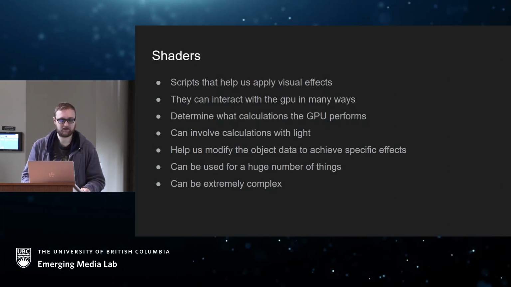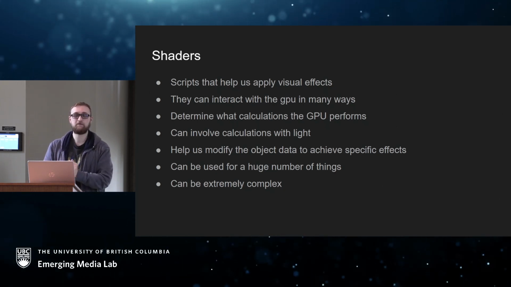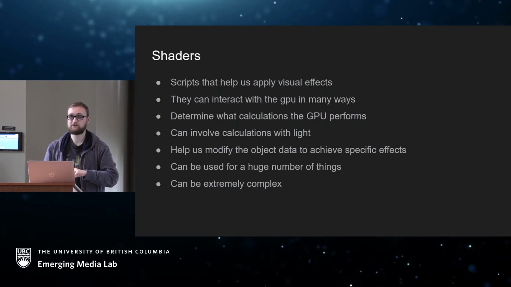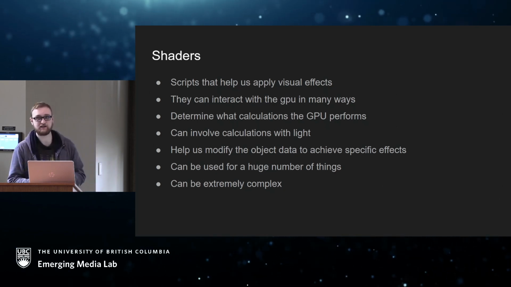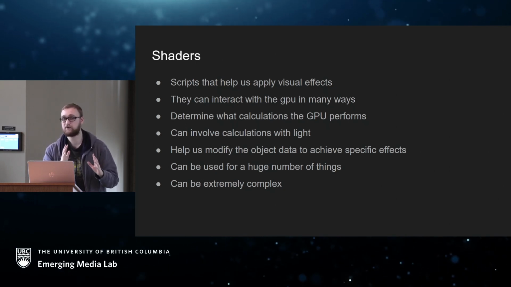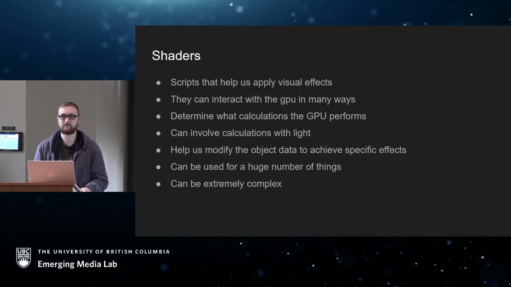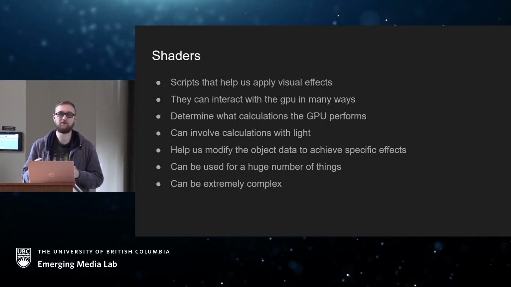So it can also help us modify the data a lot before we think about any visual calculations, right? If we wanted to modify a shader to make it so it considers all vertices a little bit to the left of where they actually are, we could totally do that. That wouldn't be something super unknown to the GPU.